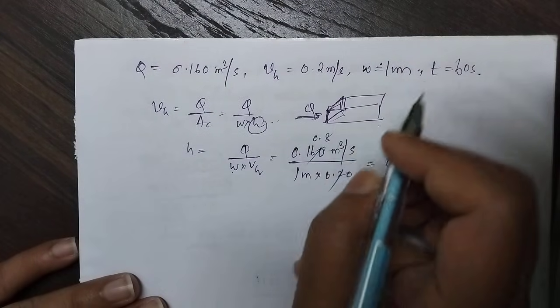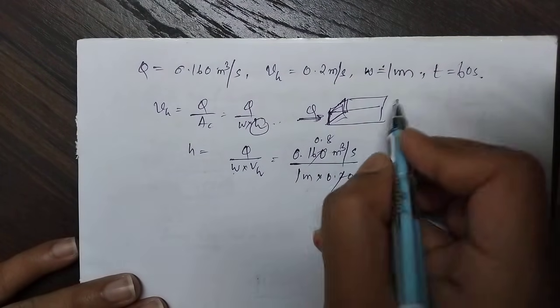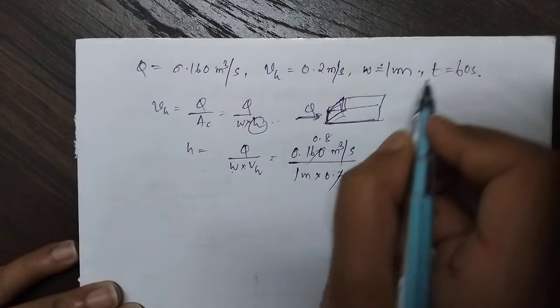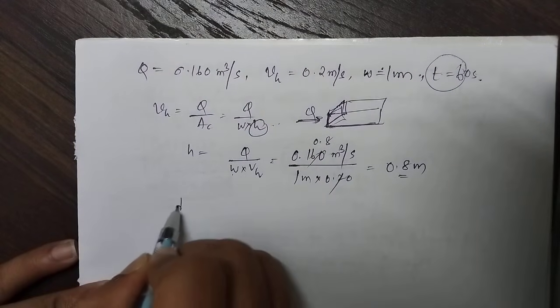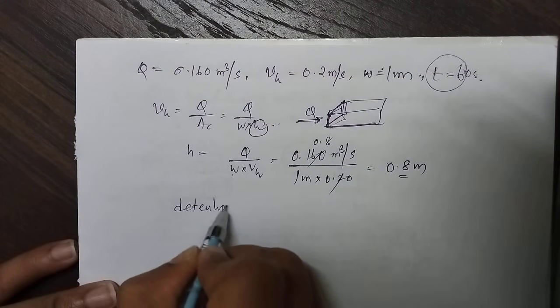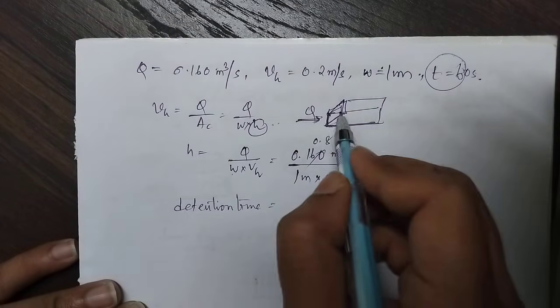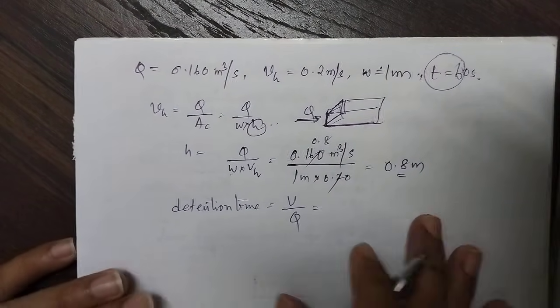Now we need to calculate the length. What we have been given here is detention time. We use that information. Detention time is volume of the tank divided by volumetric flow rate.